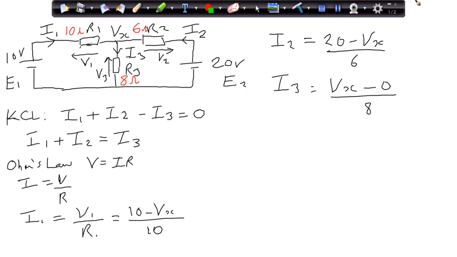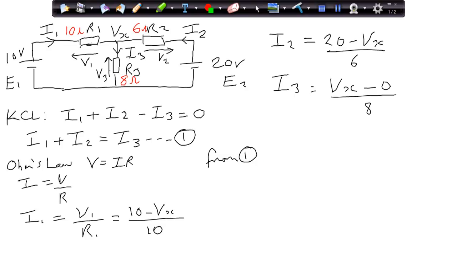So now we can substitute these values of I1, I2 and I3 into our current law equation which we've written down here. It's a good idea to label these equations you're going to use with a number like that. And then when you actually come to use them, you can say from 1 and then write your equation.